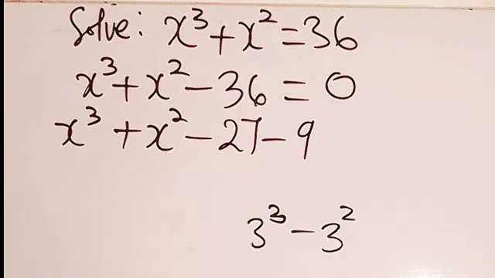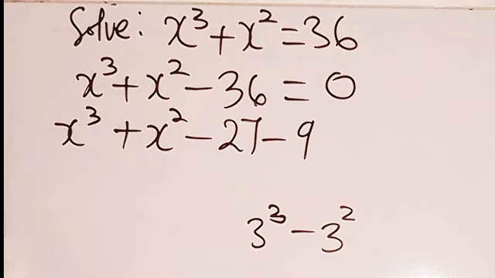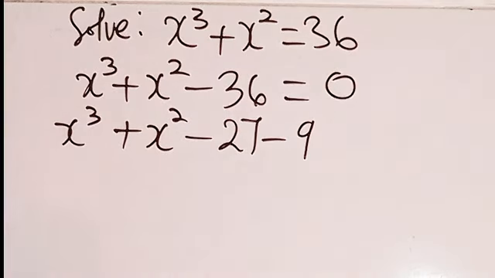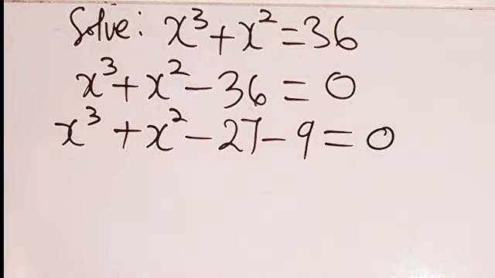Can you see that? And you see that 27 minus 9 will definitely give us minus 36, and that is what we are doing.